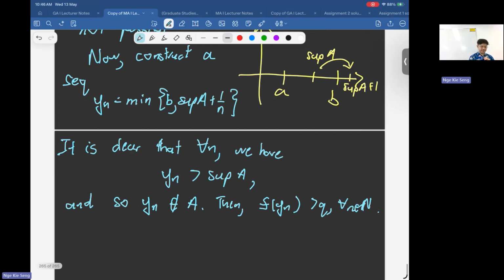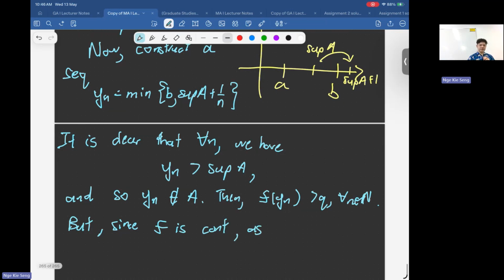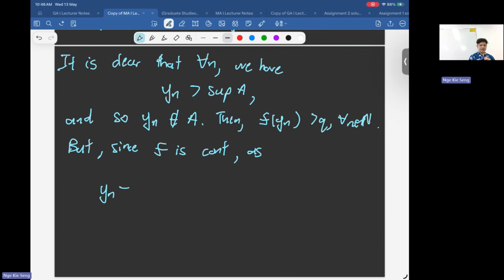Okay, but since F is continuous, as yn converges to sub A, meaning what? It implies that the F of yn, which are greater than Q, will converge to F of sub A. Correct or not?